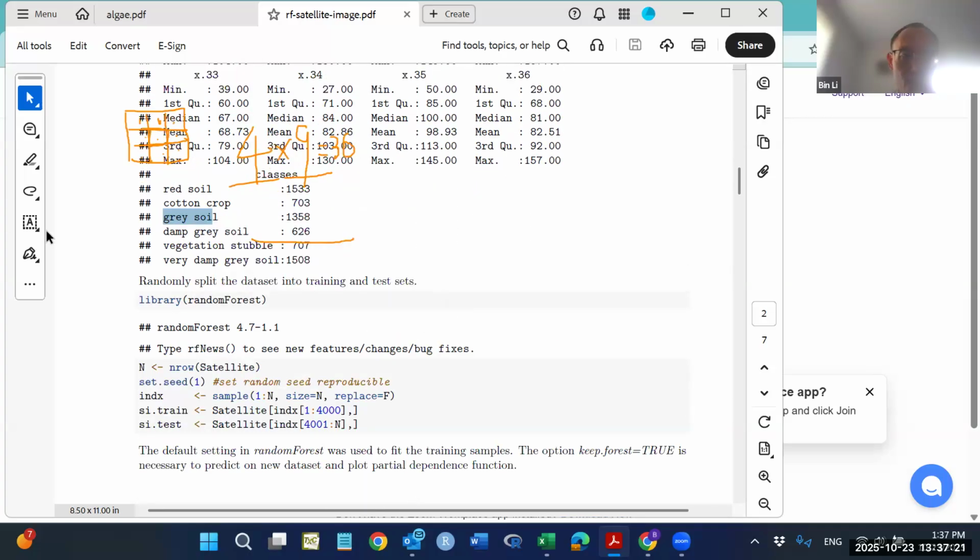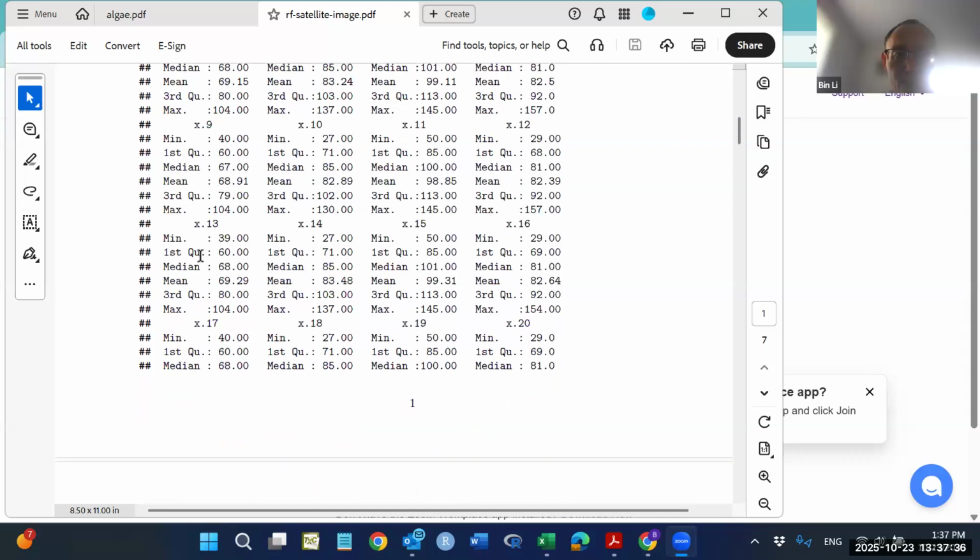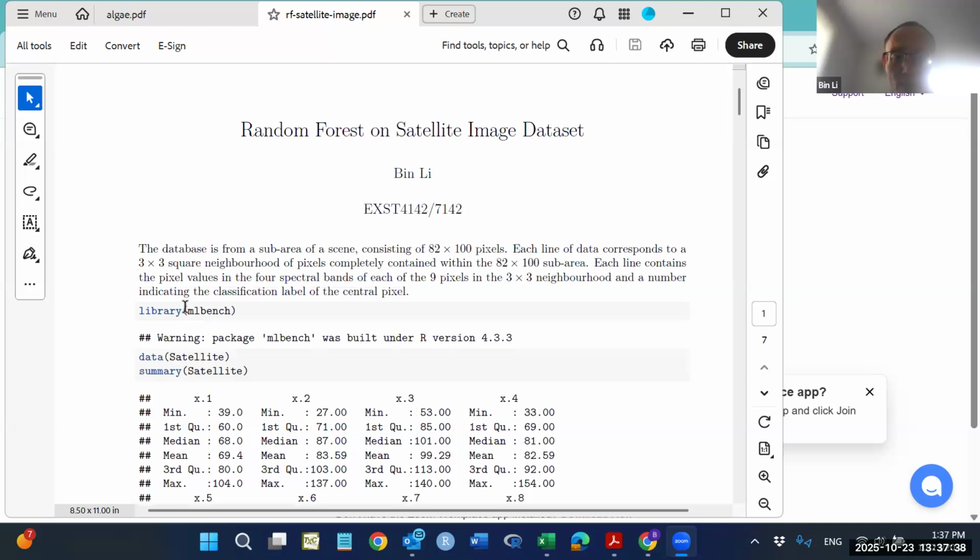So we have 36 predictors, and all of them are numeric. By the way, this data set is in the mlbench library, and its name is satellite. If you want to know more details, you can read the help menu.